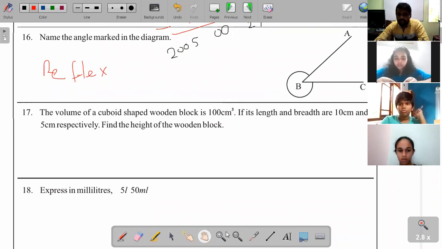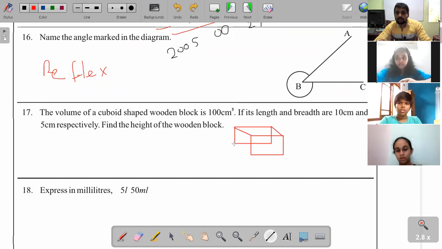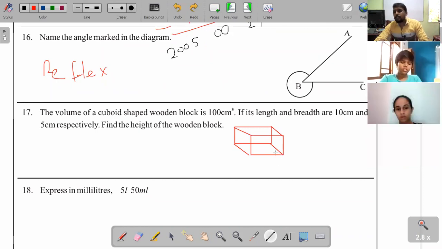I think you can understand what the shape is. Cuboid means like that shape. That's a cuboid shape. This cuboid's volume is 100 cubic centimeters.